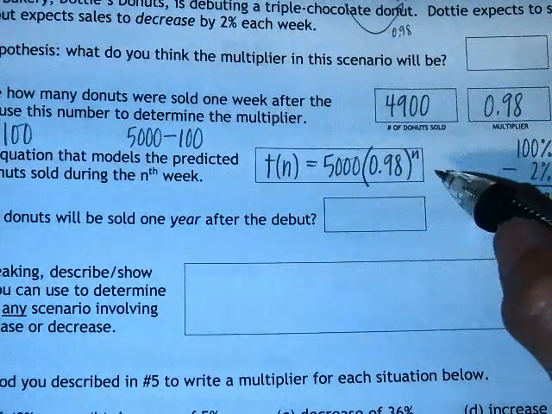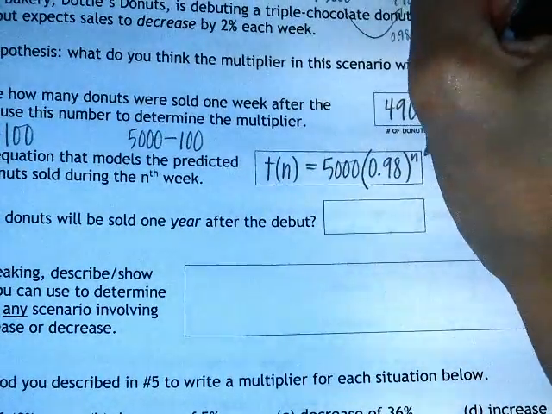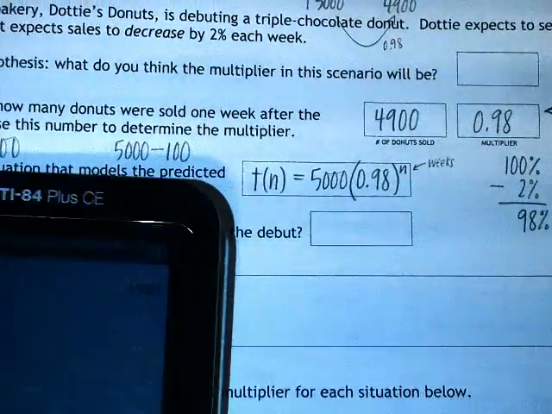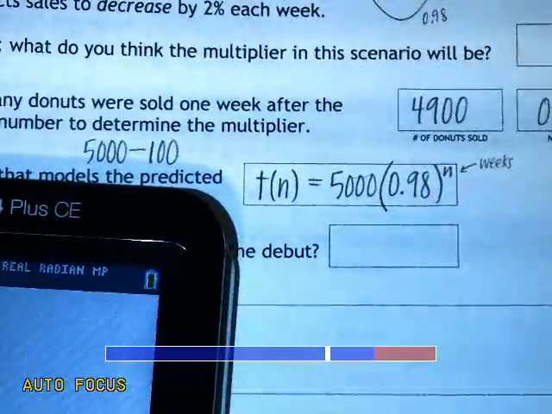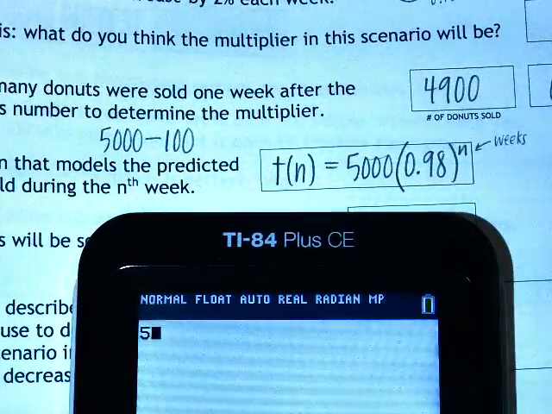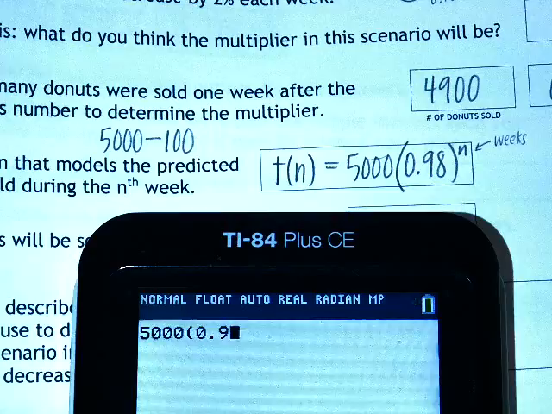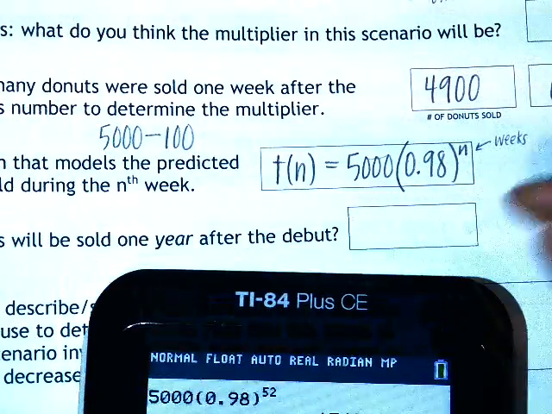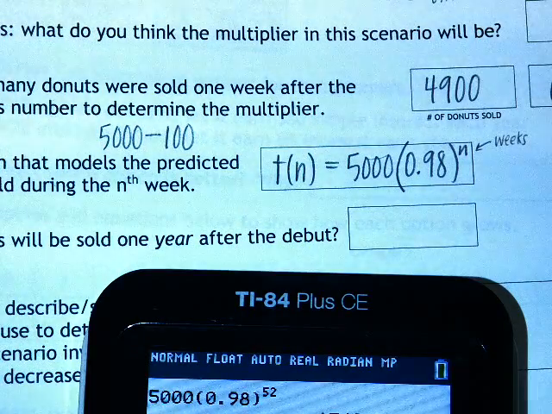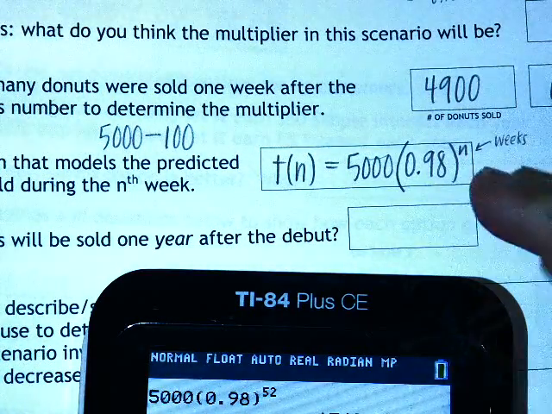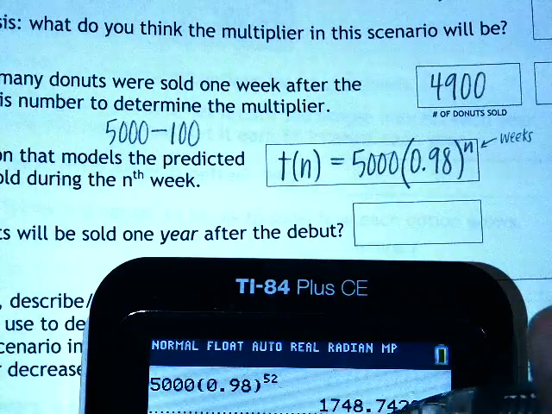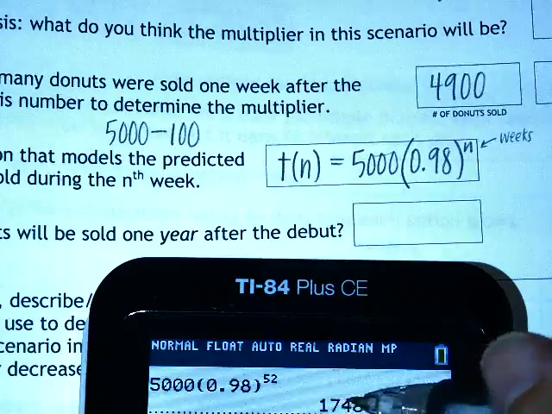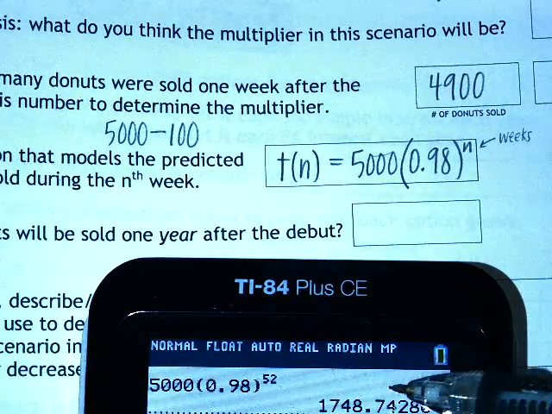So if I know that the n in my equation represents the number of weeks that have passed, I can simply take 52 and plug in to that equation. So I can take 5,000 times 0.98 to the power of 52, and sure enough, that is so much more efficient and gives me a relatively good estimate of how many donuts will be sold. Again, you're not going to sell 0.7 of a donut, so you might want to just simply call this 1,748 donuts.